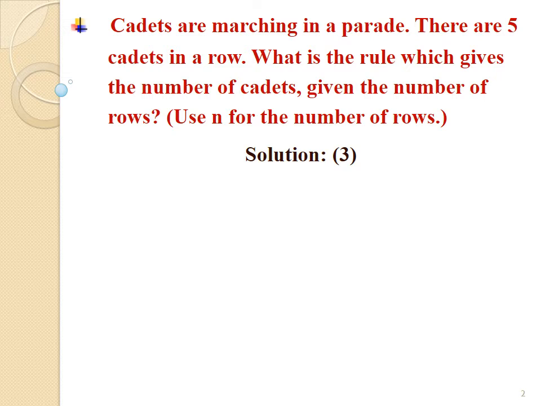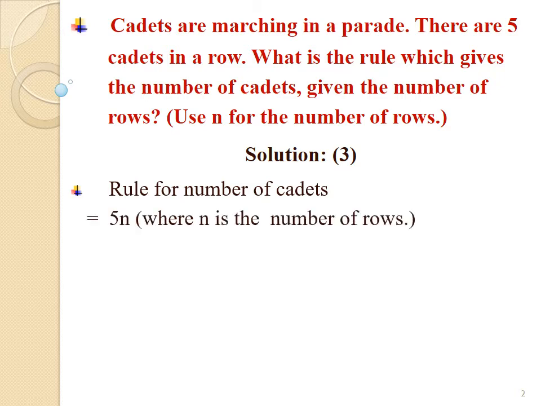Thus, we generalize the rule for number of cadets is 5 multiplied by n, or 5n, where n is number of rows.